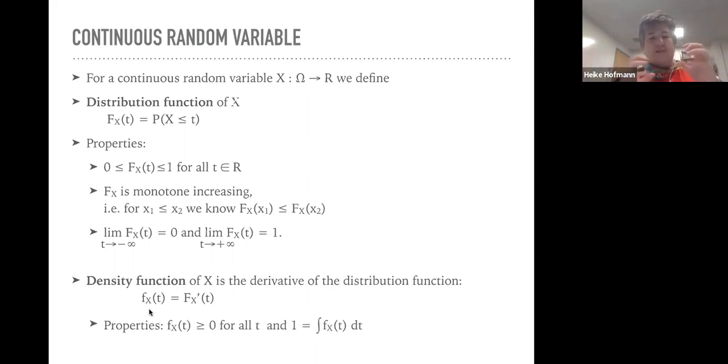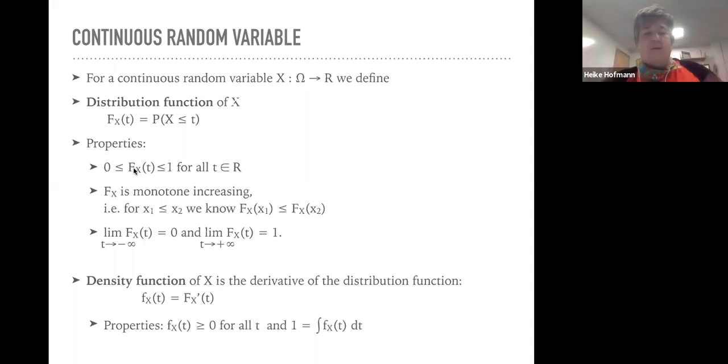So those two functions go hand in hand. And those two sets of properties also go hand in hand. Sometimes it's easier to see the properties for the density. If they are fulfilled, then automatically all properties of the distribution function are fulfilled, and vice versa.